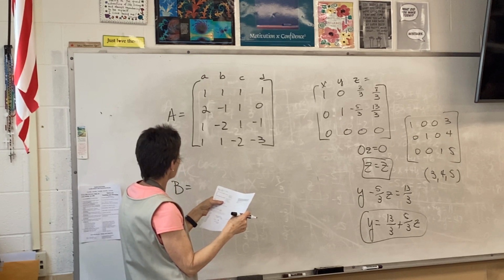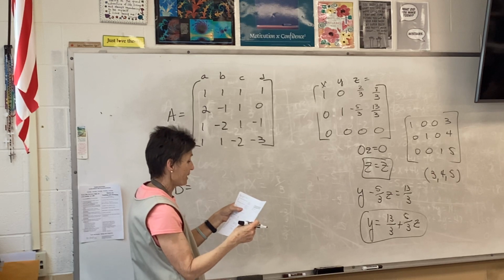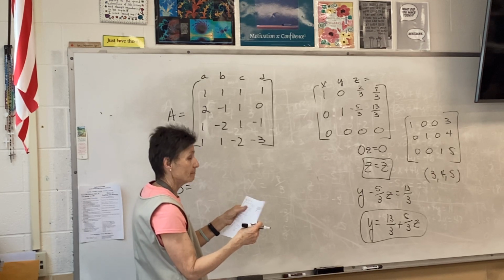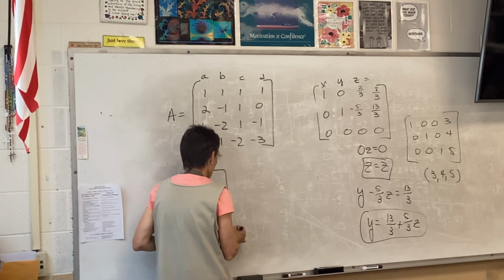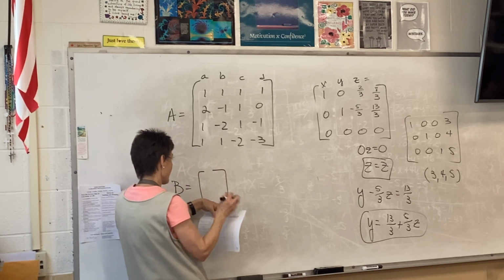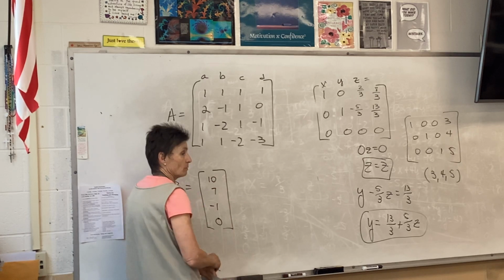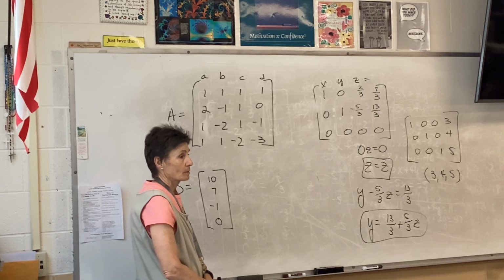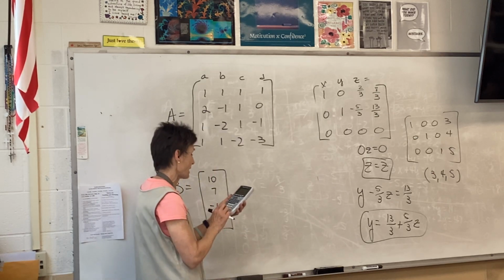So that's the matrix I'm going to put into my calculator and call A. Then B is going to be all the other numbers in the problem. So B is going to be 10, 7, negative 1, and 0. So I'm going to have to put in 2 matrices this time.